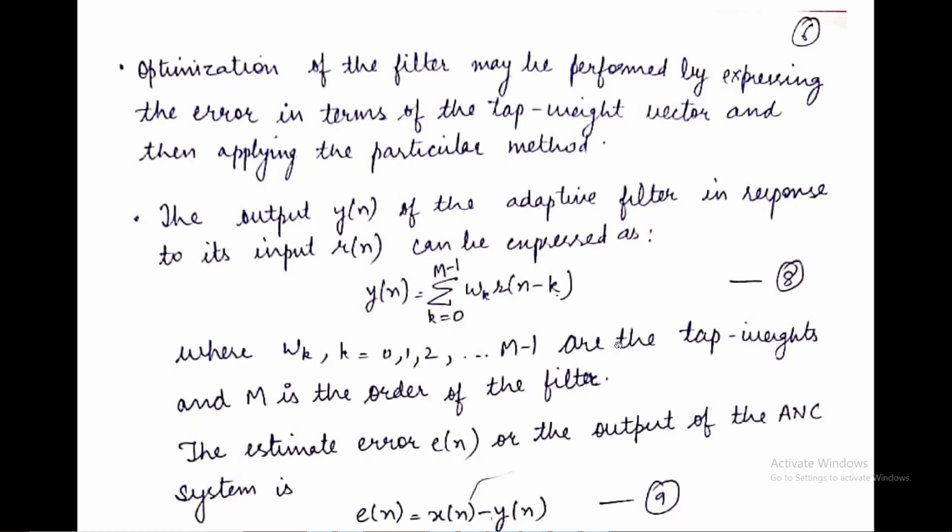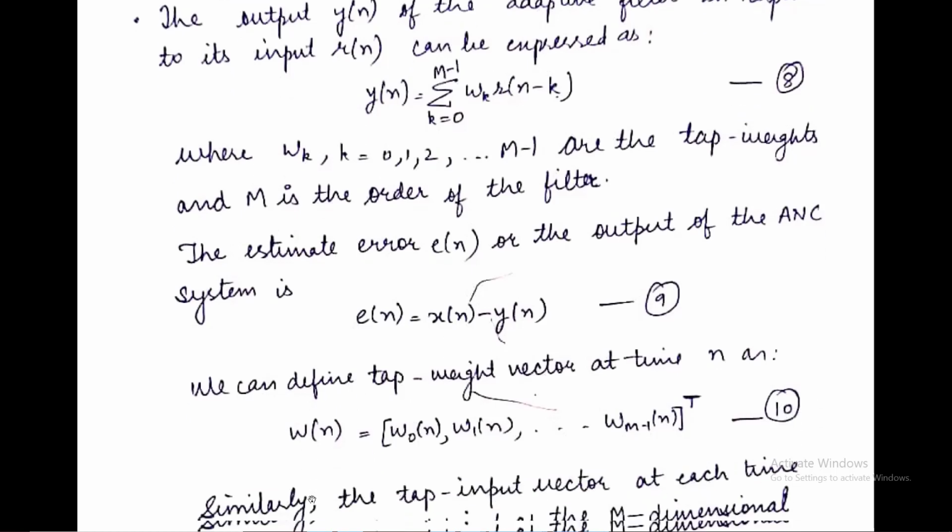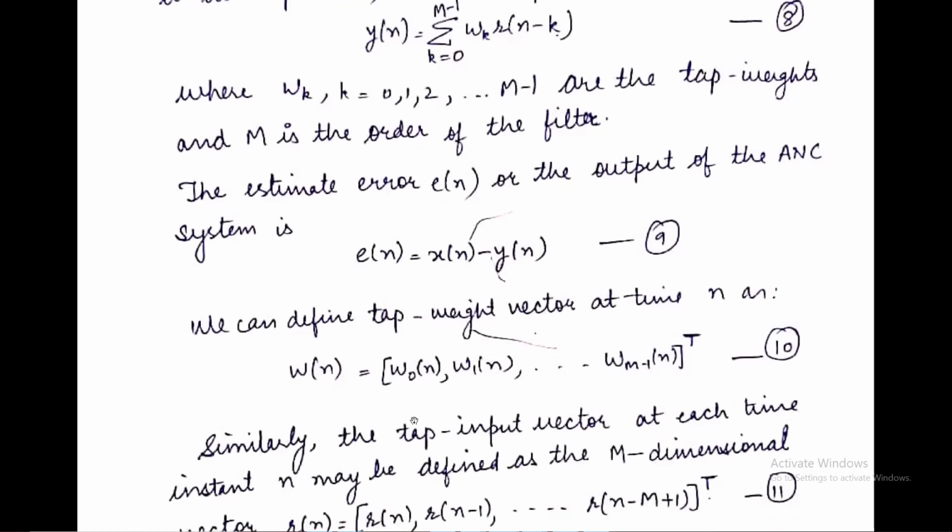So the estimated error en, or the output of the adaptive noise canceller, will be en is equal to xn minus yn, as we have already seen. We define the tap weight vector at time n as wn, which, because we are considering an M order filter, will be w0(n), w1(n) up to w(M minus 1)(n), transpose. We are taking it in terms of a matrix.